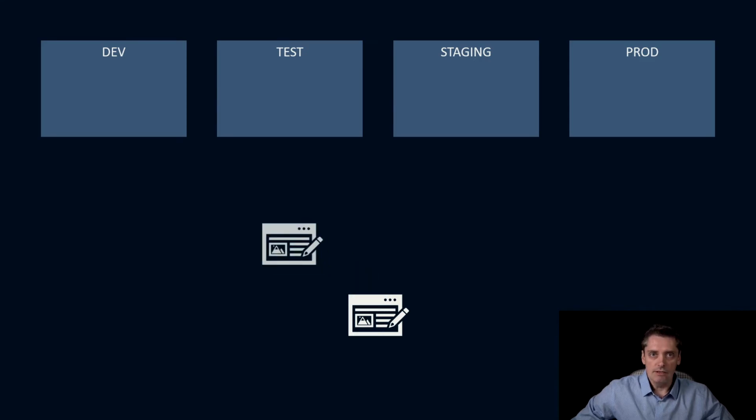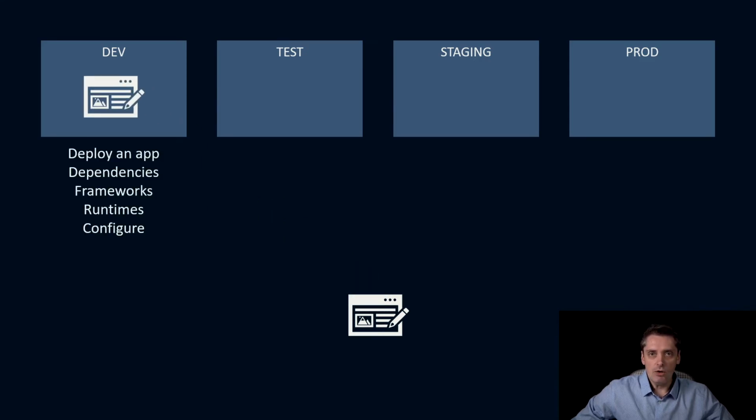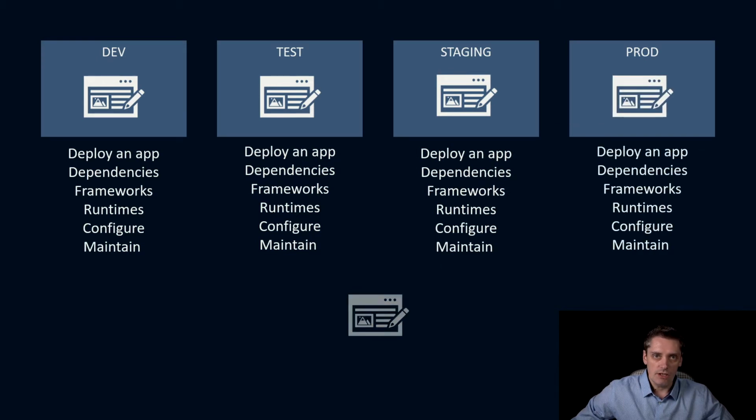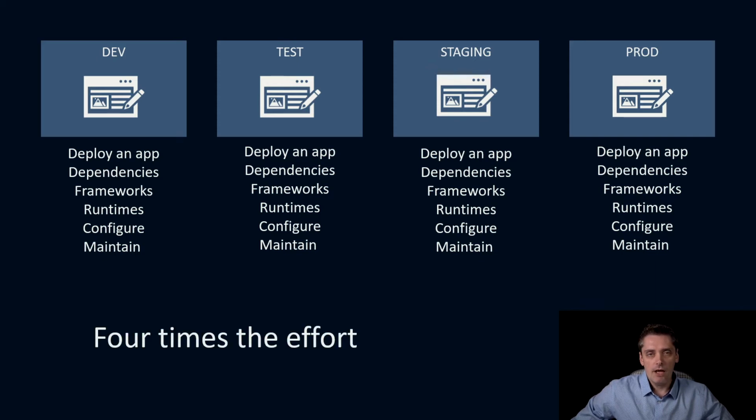So, they deploy the application, install all the required dependencies, frameworks, runtimes, and of course, configure all of them. After that, they switch to the testing environment, then deploy the application, install again all required dependencies, frameworks, runtimes, and again configure all of them. Then, they repeat this process again for staging and again for the production environment. As a result, the operations team must spend 4 times the effort managing the deployment of an application.